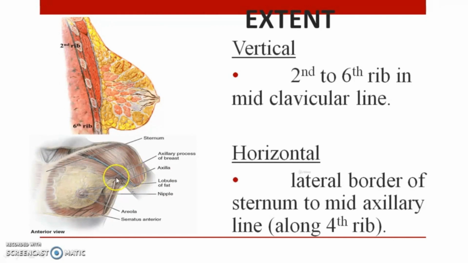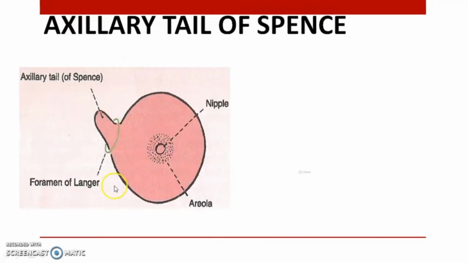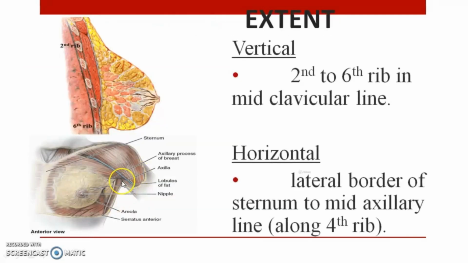So in this picture you can make out, this is the axillary region, and from this axillary region we have the mid-axillary line. So from the mid-axillary line we have the lateral extent. So medial to lateral, that is the horizontal extent, from the lateral border of the sternum to the mid-axillary line, which is present along the 4th rib.